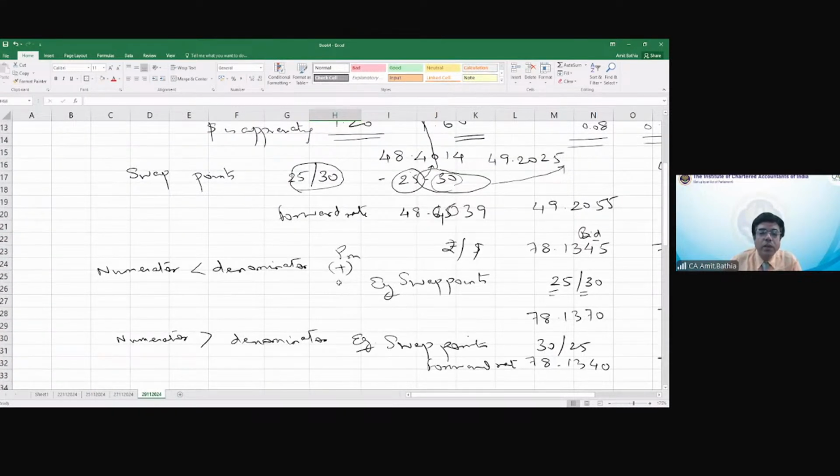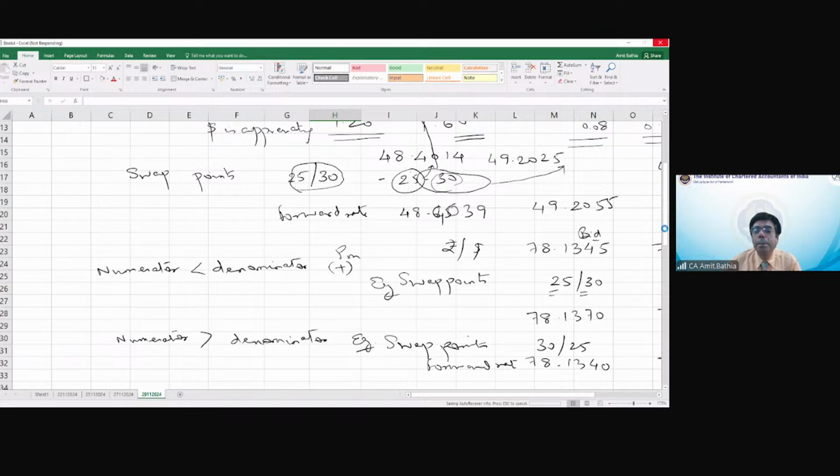If it is premium, we add to spot: forward rate will be spot plus swap points. If there is a discount, then spot rate minus swap points gives you the forward rate, right? Okay.